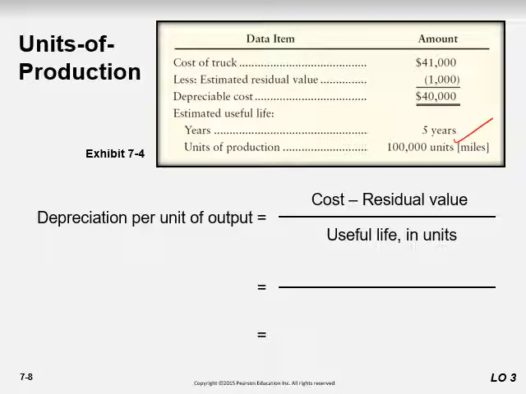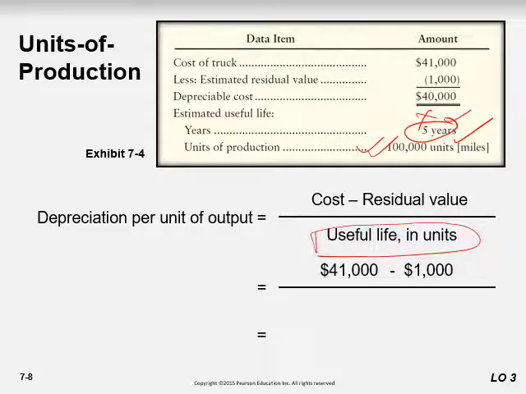The same formula, with just a little variation: in the denominator we are using not time but units. So the cost minus residual value divided by useful units, which is 100,000. The answer would be 0.40 per mile.